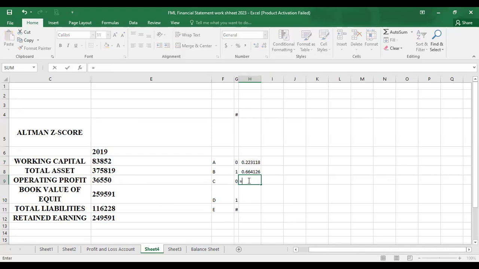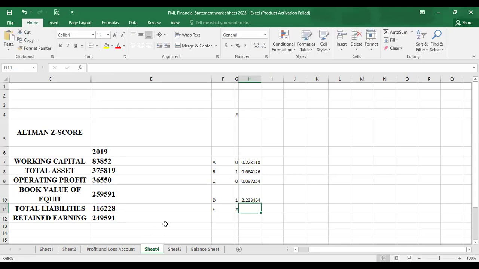Then C, the third ratio, is to find the operating profit to total assets ratio. Then D, you'd find book value of equity to book value of liability.